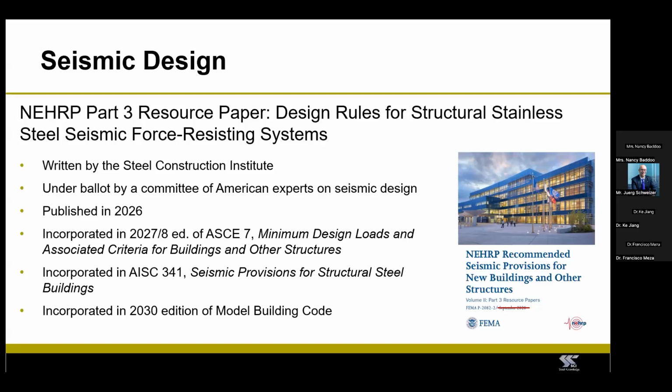The paper we wrote is currently under ballot, and any possible incorporation of the recommendations given in the paper into the American design codes is still a few years away.